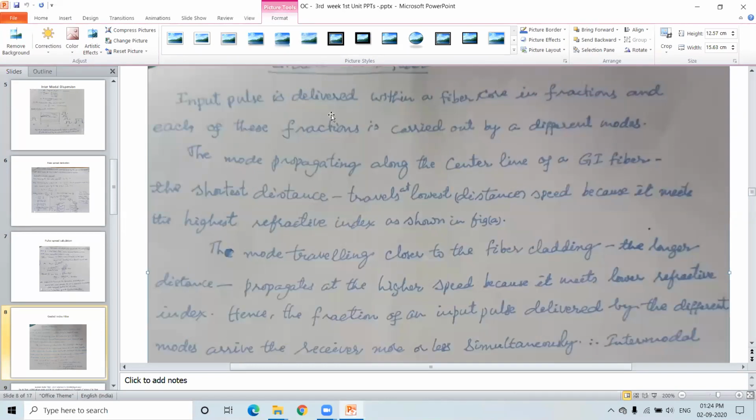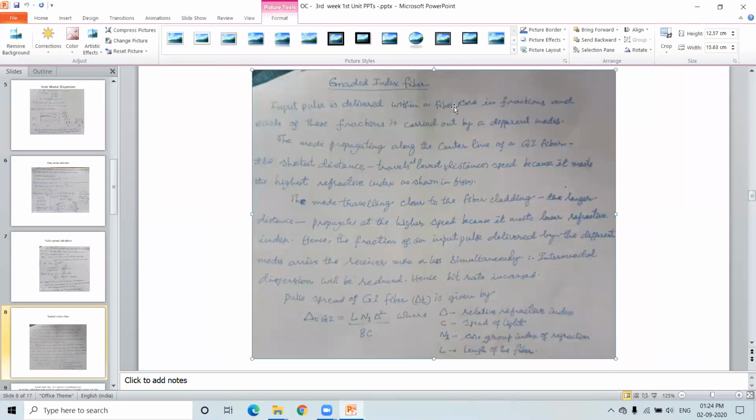We see the input pulse is delivered within a fiber core in fractions, and each of these fractions is carried by a different mode. This is what is taking place in the graded index fiber.